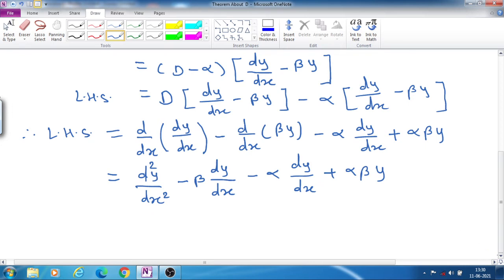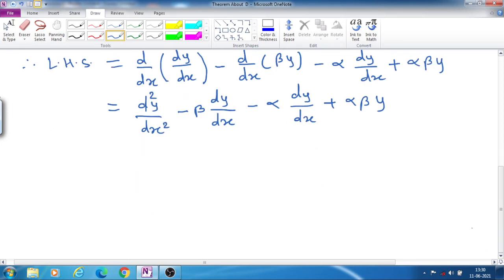Here we can see that there are two terms of dy by dx, therefore we take it common.